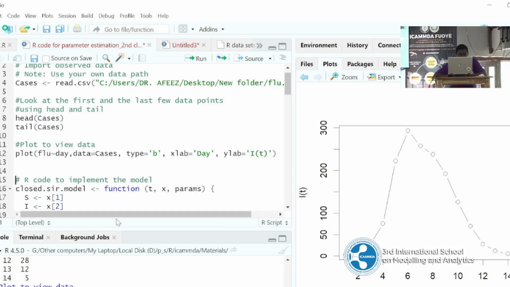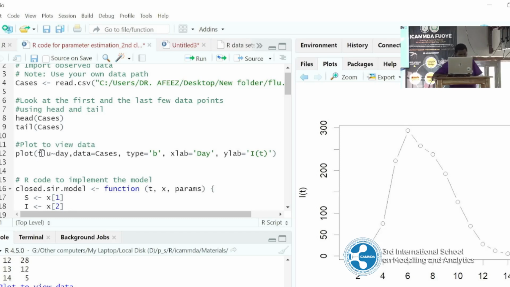Okay, so in the plots, I showed from the head that we saw that the data has on the first column day, and the second column flu, right? Good. And now I just want to plot this to see how the data looks. So I say plot.